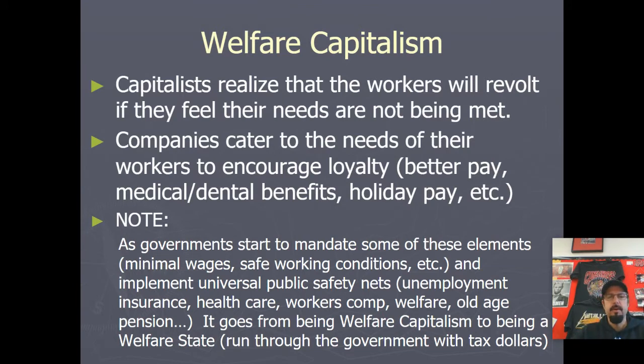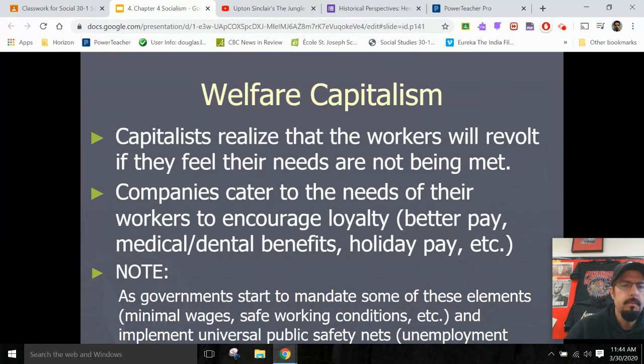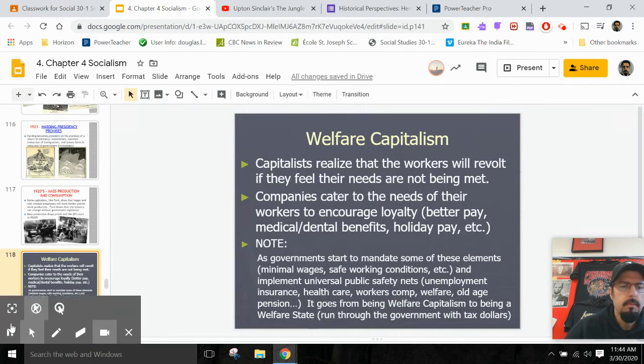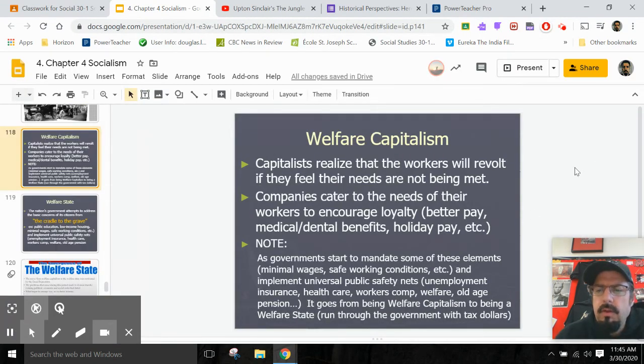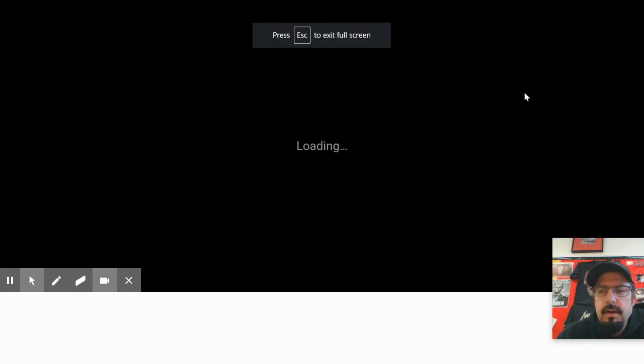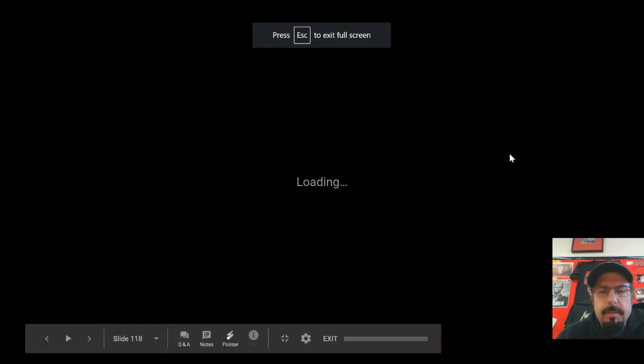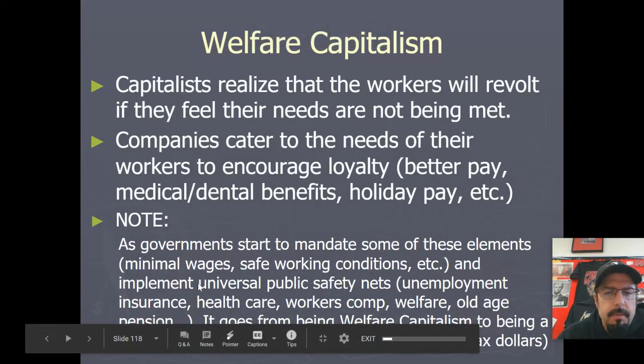Okay. Like I said, we've talked about this, and let me just pause for a second. So this slide here just kind of deals with what welfare capitalism is. Again, a lot of this we've already talked about, so I'm not going to spend any time on this slide. But when we think of welfare capitalism, how is it different than the welfare state?